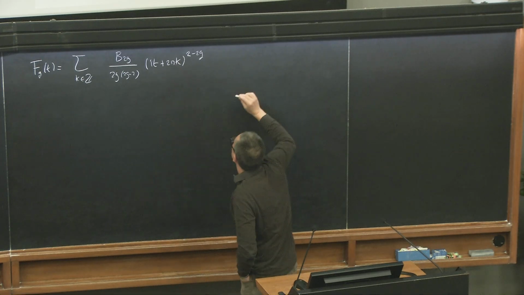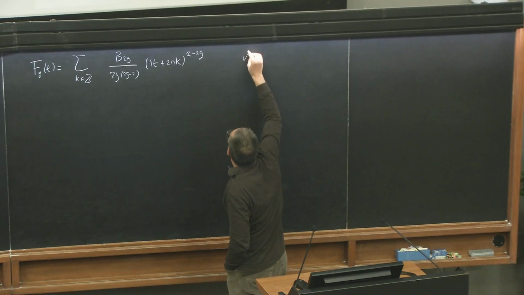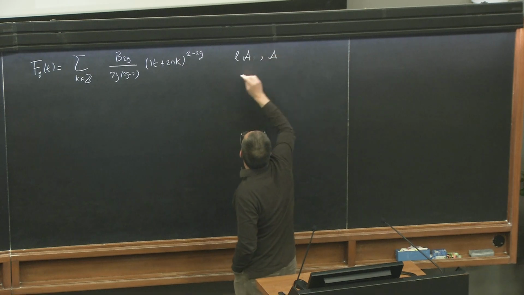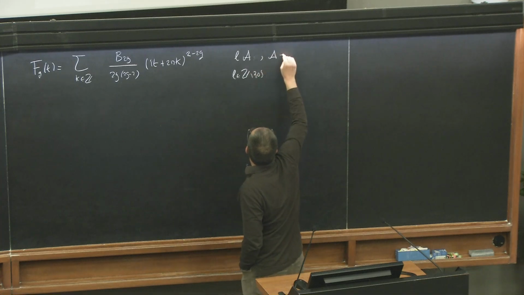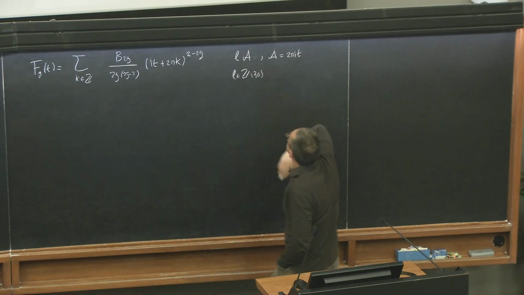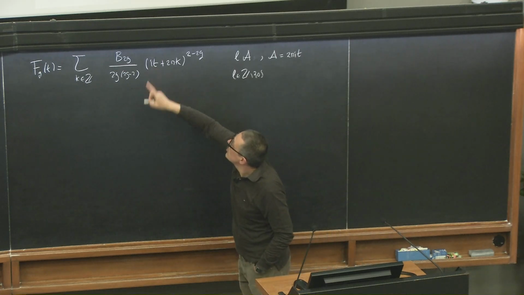But remember that in the resolved conifold, we found that the location of singularities was l times A, where l was a non-zero integer and A was 2 pi i t. Now here it is going to be the same thing, just with an additional i.